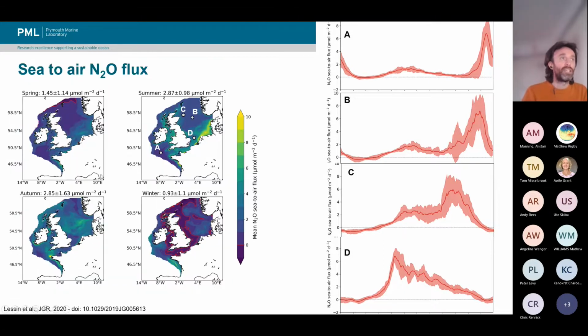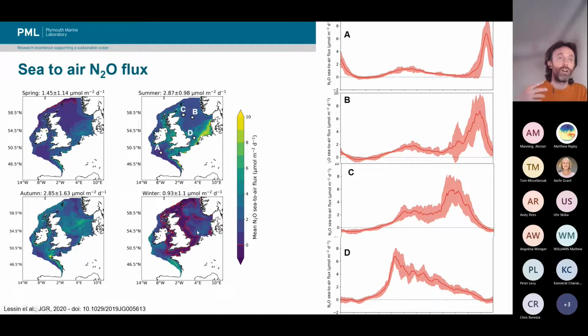And this is then the seasonal cycle of the sea-to-air flux, and it's basically summarizing what I've already said. In particular, it is important to see how, especially in winter, when the water is cooler, the sea can actually act as a sink of N2O, so it has a negative sea-to-air flux.